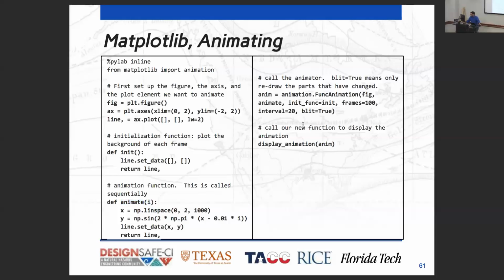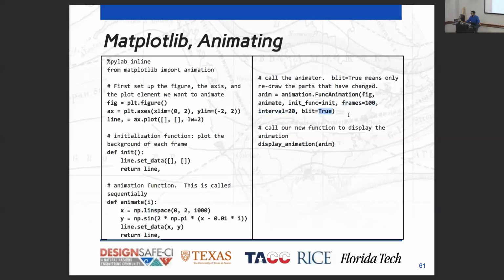Now, this is my animation start. I'm doing my animation.FuncAnimation. I'm giving it the figure that I defined here. I'm telling it which function it's going to call repeatedly, that's the animate function. I'm telling it where it initializes, so this is the initialize function. Telling it how many frames I want, and what interval I want to go through.